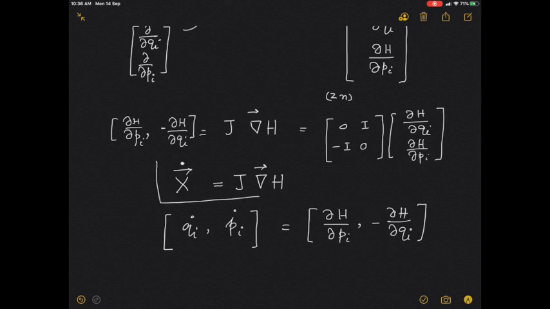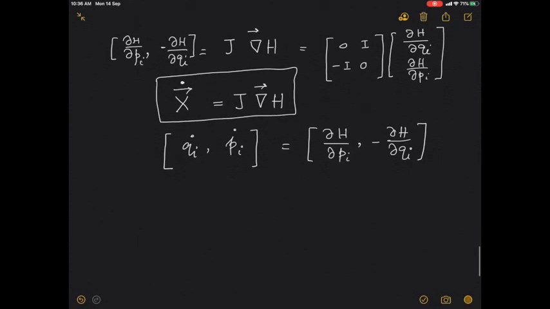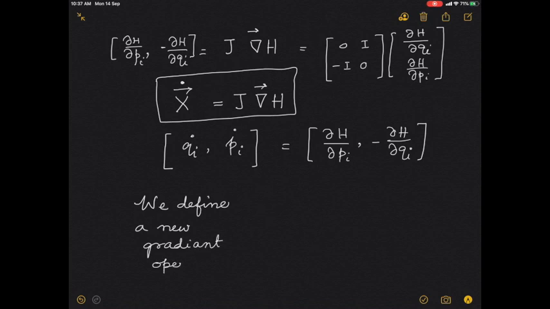So you now see the canonical equations of motion can be written in the form x dot equals gradient of something, given that we have to define a new gradient operator.